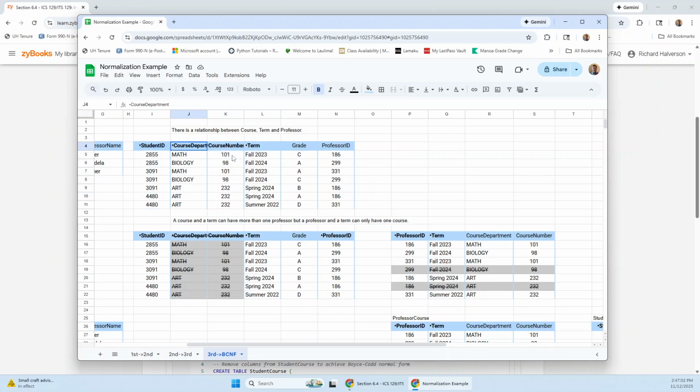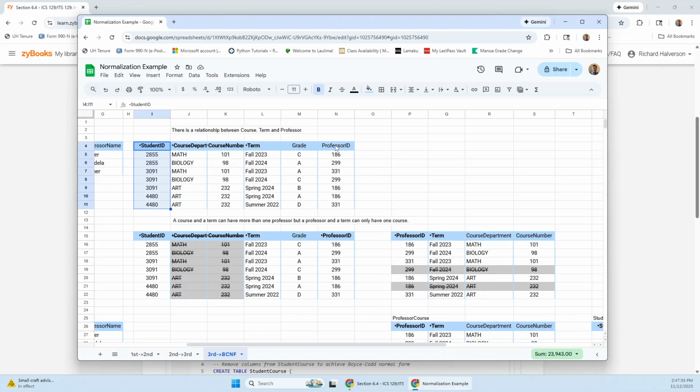We're only counting these columns, but not this column. So Math 101 Fall 2023 is Professor ID 186, but also Math 101 Fall 2023 is Professor ID 331. So that doesn't work. These three columns are the primary key for the whole table, but if we remove the grade and the student ID, then it doesn't work.